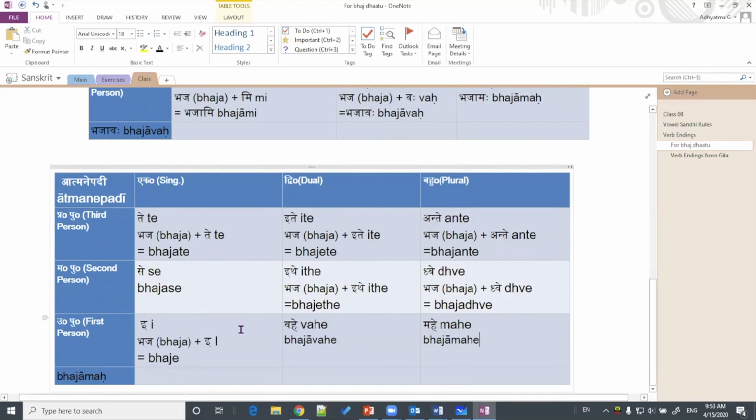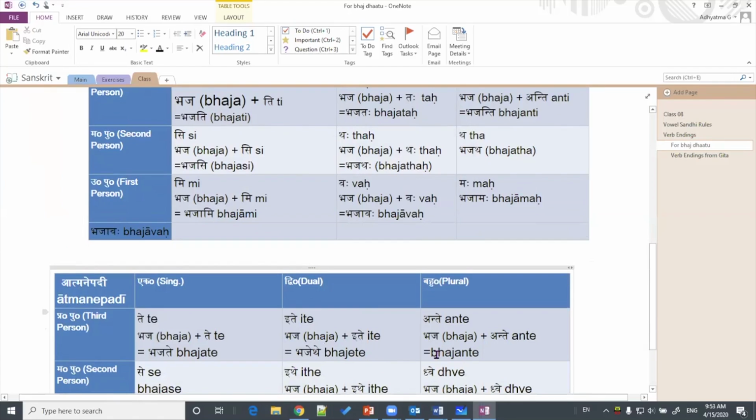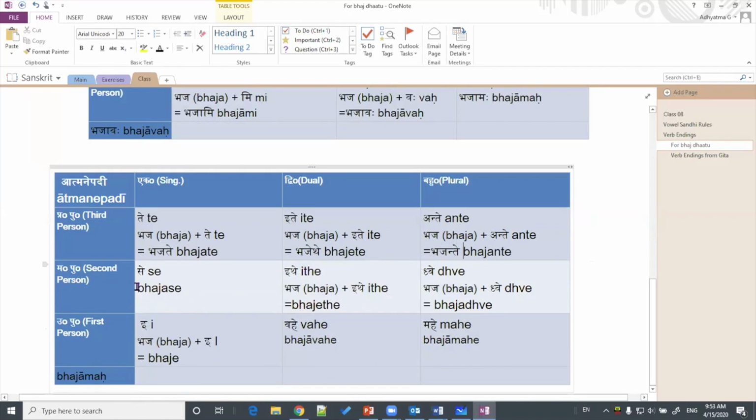Bhajamahe. Okay. I'll quickly write Devanagari once also, and then when we take the advanced Sanskrit course, we will not do both the scripts so that it will become faster and easier.